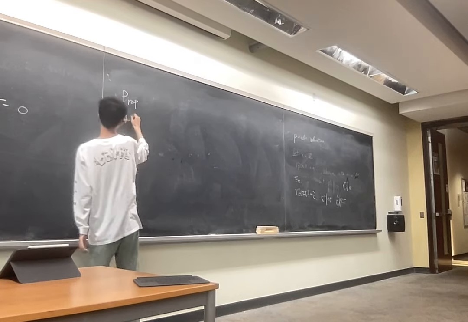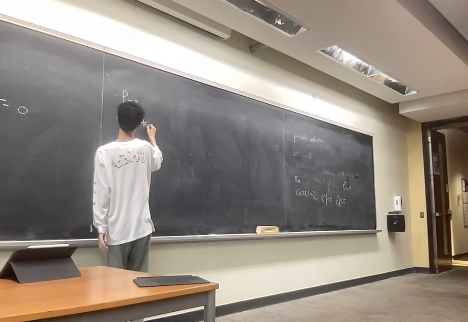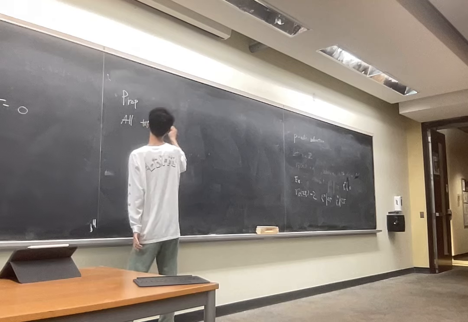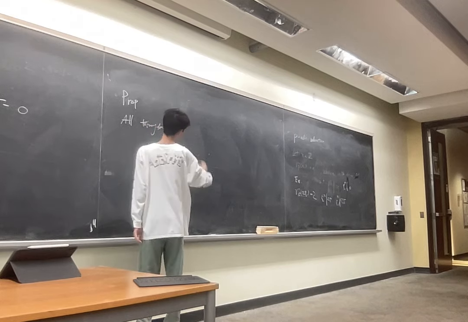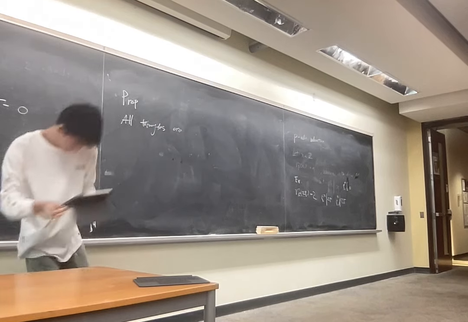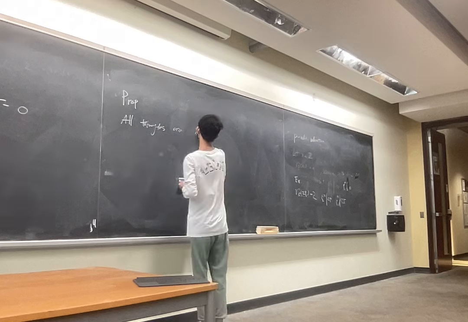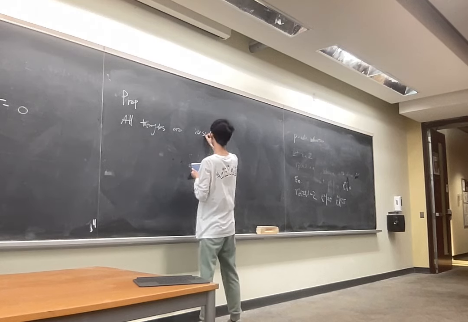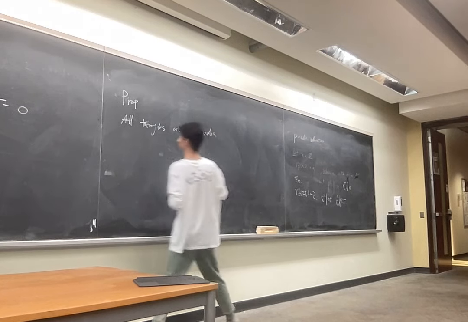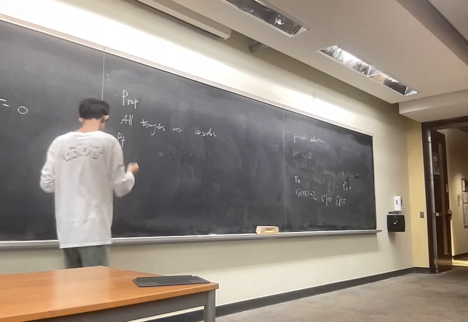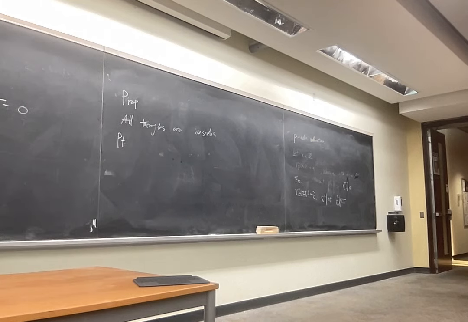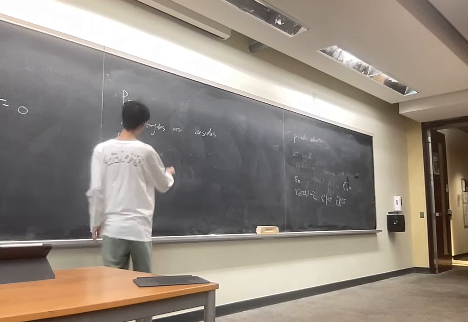All triangles are isosceles. Proof. Okay, let's see the proof. The proof is actually fairly easy if you assume the stronger triangle inequality. So basically we have points.